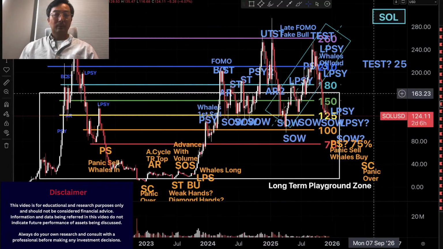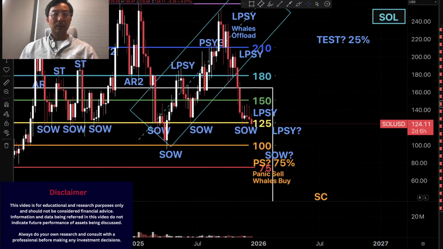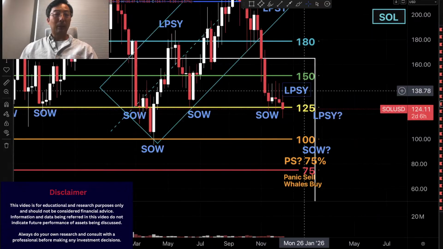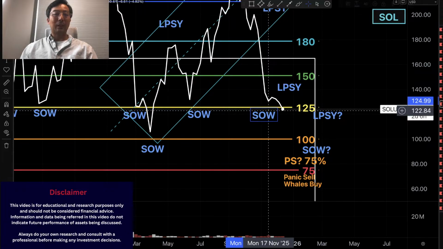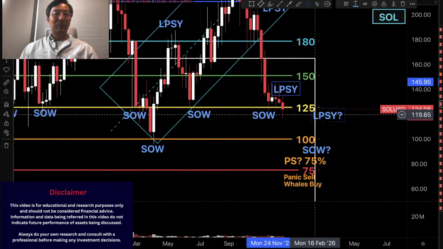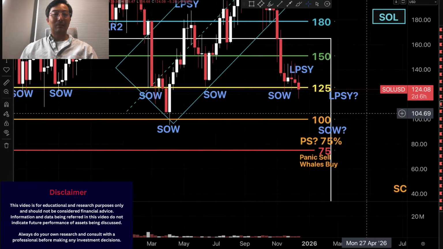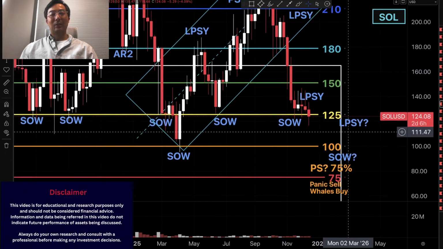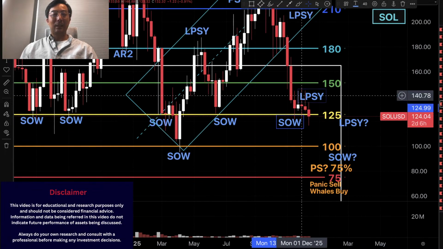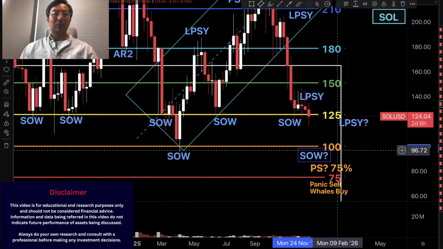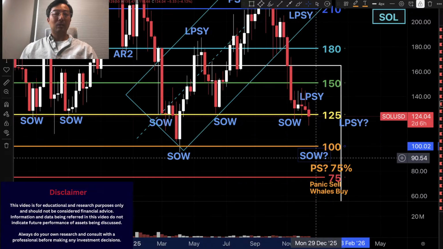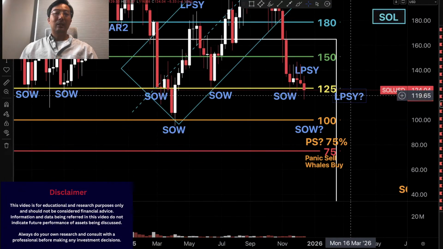Solana, again, similar but a little bit clearer. There was a small pause, so we'll keep this tag here, this Medal of Honor for achieving the sign of weakness and the last point of supply. Again, it's probably going to come down to the orange key level of $100 to show another sign of weakness.